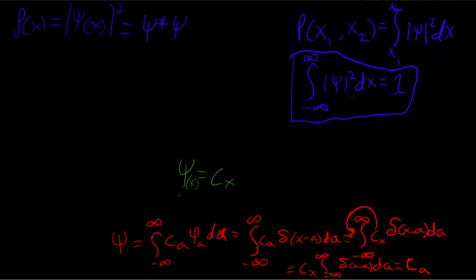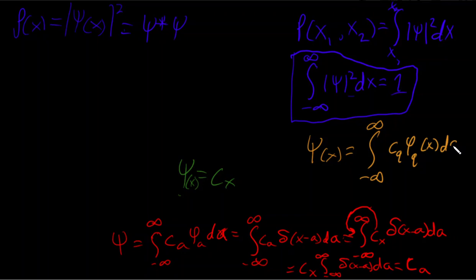All right. So we can then show this, just like with the last video that we had. Psi of x, because psi is evidently a function of x, is equal to the integral from negative infinity to infinity, the sum over all possible values of q of c sub q, which is just a function of q, times phi sub q of x dq.